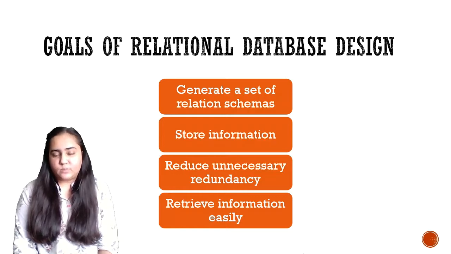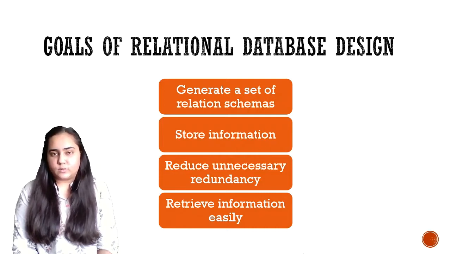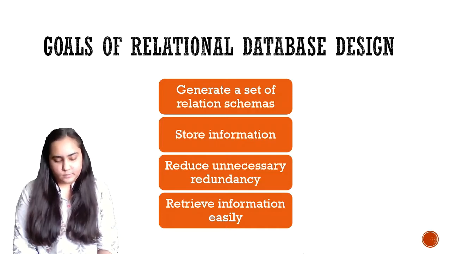The purpose of a database is not just to store data, but also to fetch data and to be able to view that data. And to do that, it's necessary that once you ask for some data, it doesn't take a very long time. Because if it's going to take, say, about an hour for you to get your data, then that's not an efficient system. So relational database design also allows you to retrieve information easily.